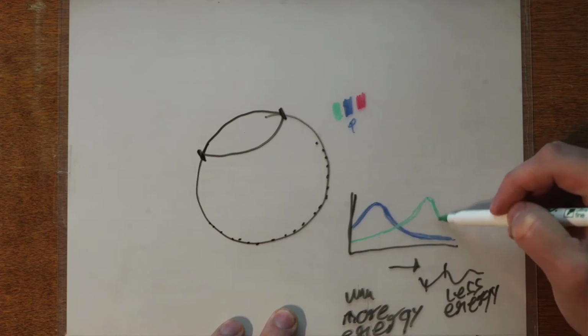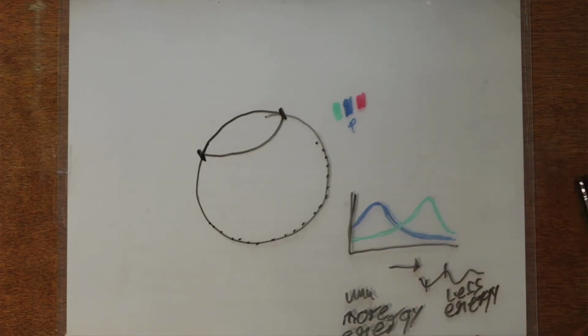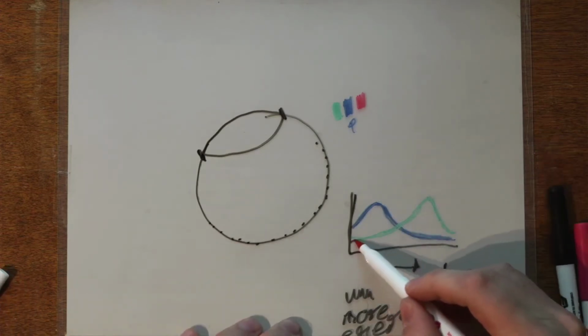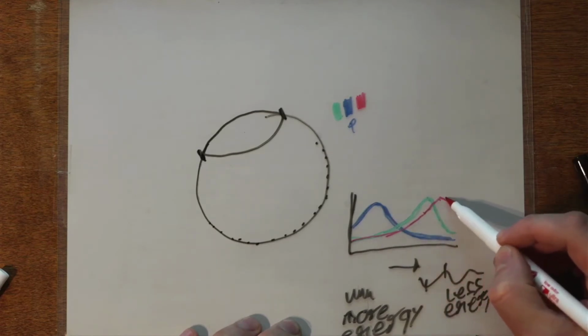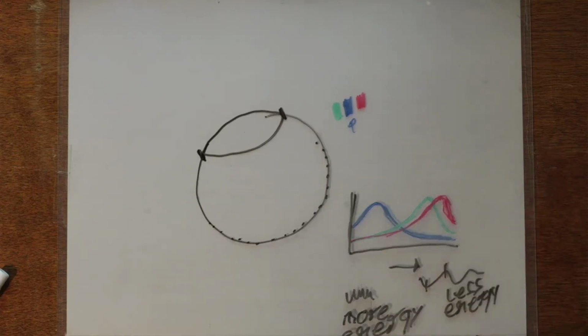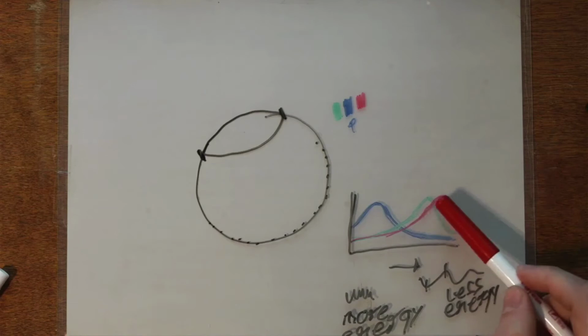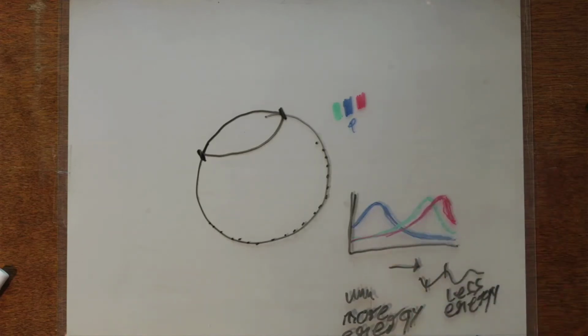You can look up this chart if you really want a good version of this, because it's not accurate. It's my drawing. And then the red cone in our eye sees something like this. So we have this very interesting thing where these two are shoved off to here, and we have our blue cone over here. This is going to matter later.